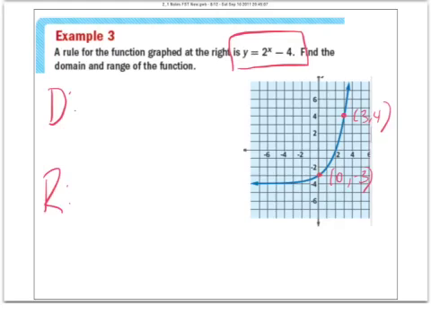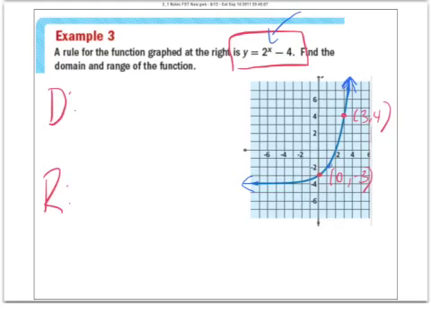Now, what they don't want you to do in this case is say, oh, the domain can be the number 0 and 3 and 4 and 5, because this function continues on forever. Look at this right here. There's an arrow, and here there's an arrow, which means it goes on forever. The domain of this function, you want to think about this. What can x be? Well, can I choose 1 for x and land on the graph?